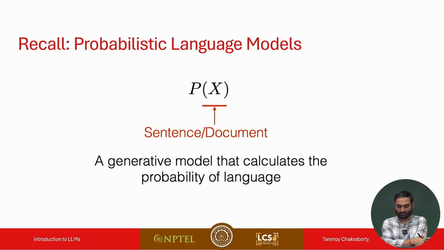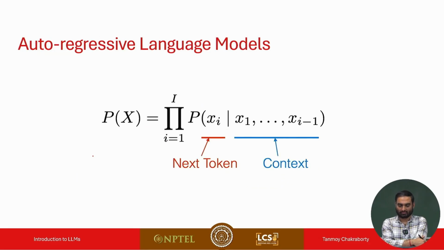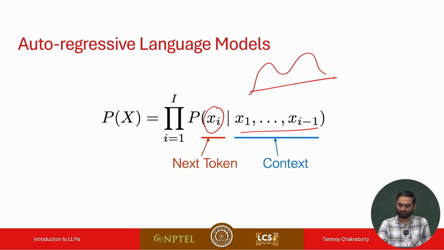Very simple, right? Generative model that calculates the probability of the language. And this is the autoregressive language modeling objective that I mentioned, I think 1,000 times in this course. This is the input. You predict the next token. You essentially produce a distribution over the tokens, and that's going to be your output.